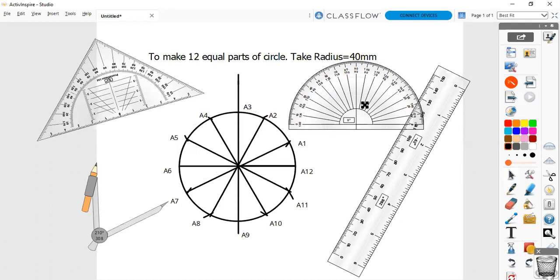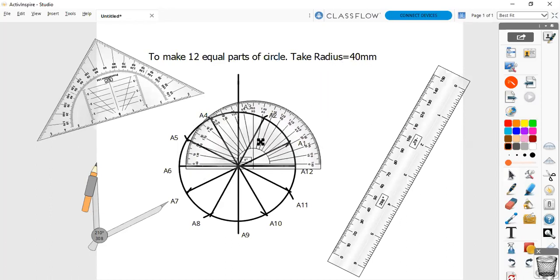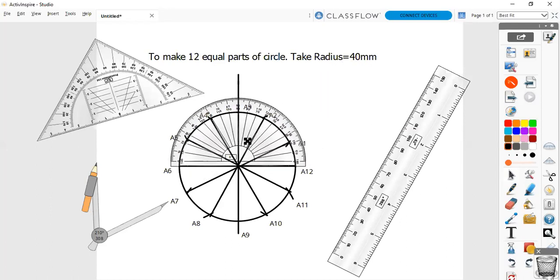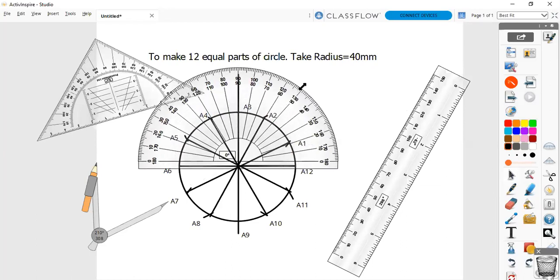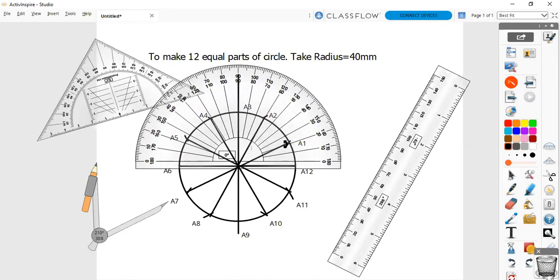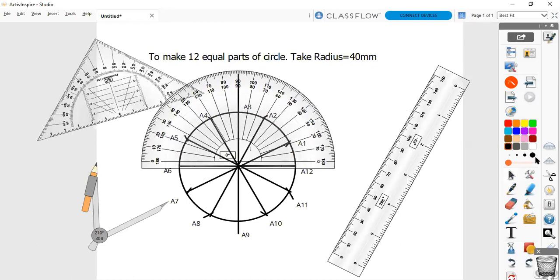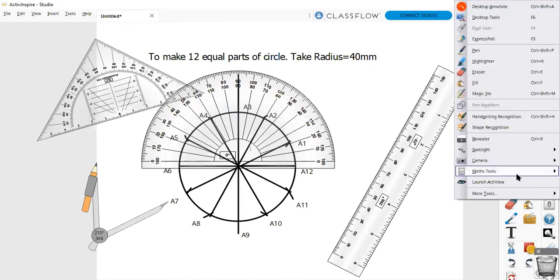You will see the different angles from this part, right? As you can see here, the angle, you will be able to see proper angle from this protector that you will be having, right? So you can see the angle now.